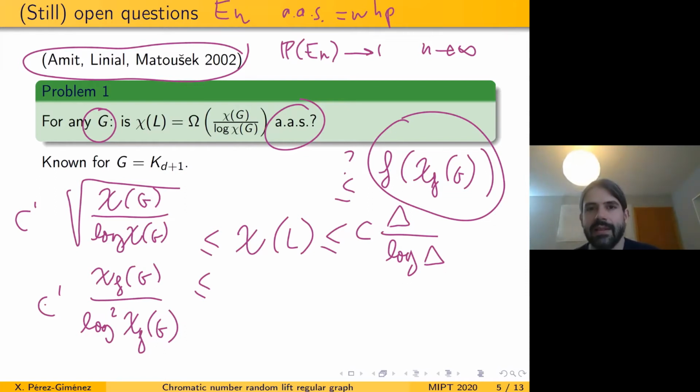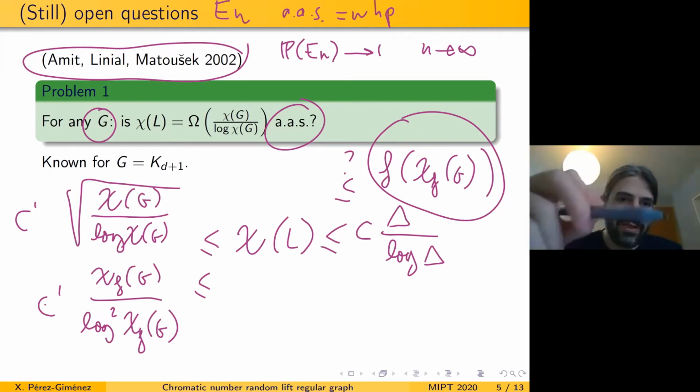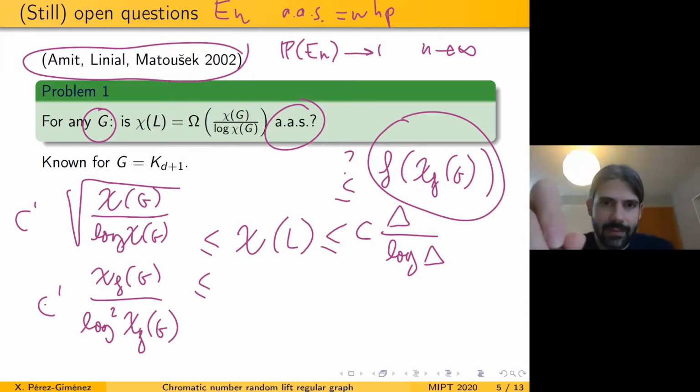In fact, I've been thinking about, sorry, my slide looks a bit messy now. I think that in many situations, not in all situations, but in many, this is going to be the true answer without fractional.